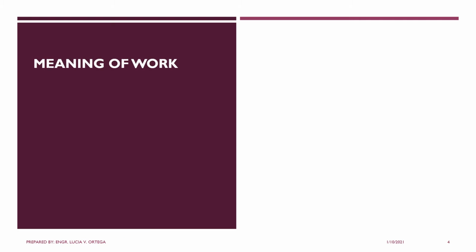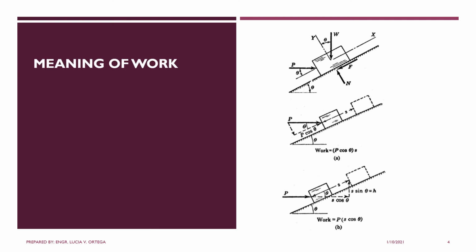Okay, what do we mean by work? Let's consider this block resting on an inclined surface. Of course, there's the weight of the block. Since the surface is inclined at an angle theta, the weight is directed downward. It will have a component normal and tangent to the inclined surface.